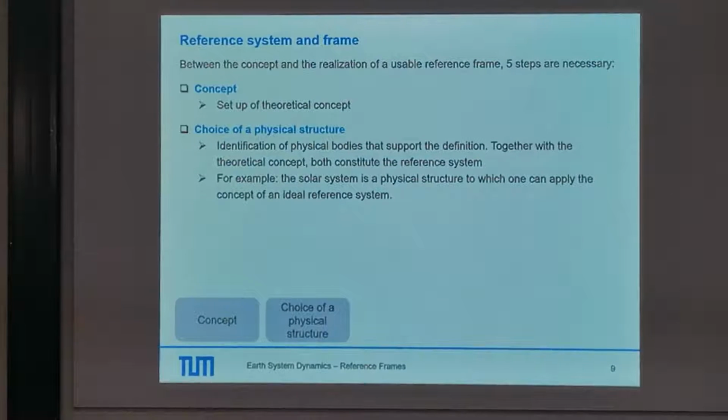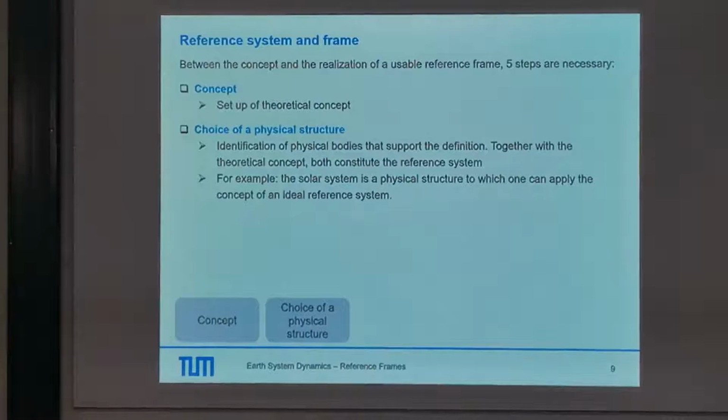So after the theoretical concept, where you also, for example, define it should be a 3-dimensional reference system, you have to choose a physical structure. That means the identification of physical bodies that support the definition, and together with the concept, both constitute the reference system. And here an example is given for the solar system.